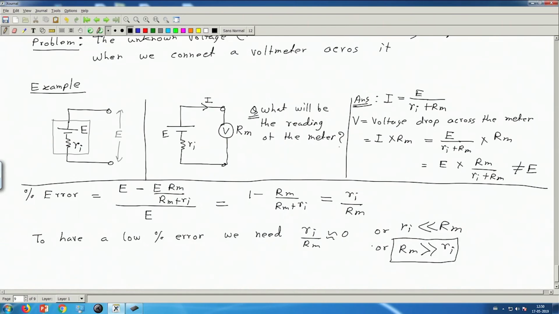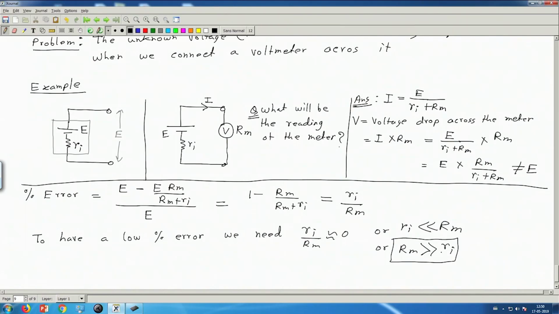So this is the requirement: the voltmeter resistance Rm should be very large compared to the internal resistance of the source. Then only our reading will be correct.